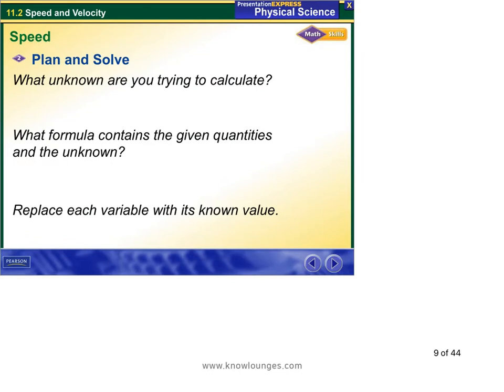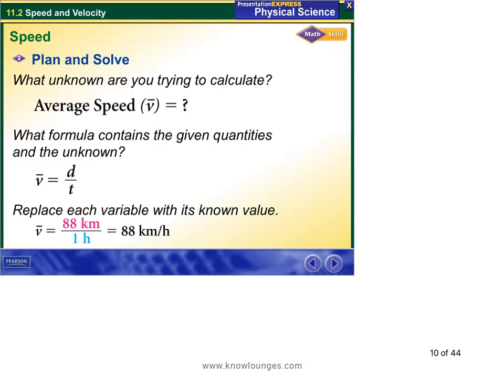Then we want to come up with a formula and what we're trying to figure out. So we're trying to find the average speed. V bar equals question mark, our formula, V bar equals d over t. Substitute in the formula, and V bar equals 88 kilometers divided by 1 hour equals 88 kilometers per hour.